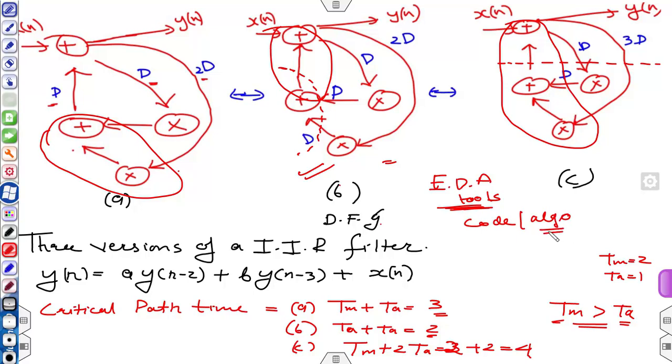Okay, so in that sense we will see an approach, a kind of algorithm that can be used to retime any given graph, and the clock period of this retimed graph will be reduced as compared to the given graph.